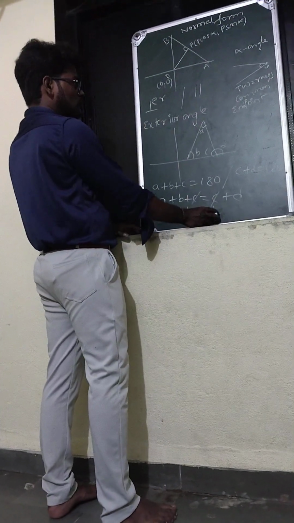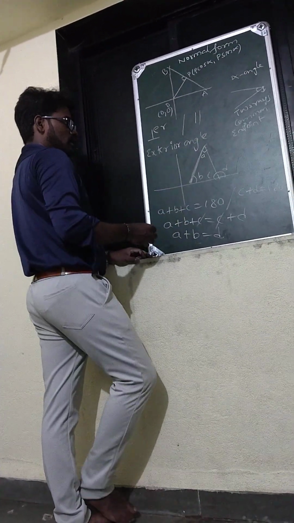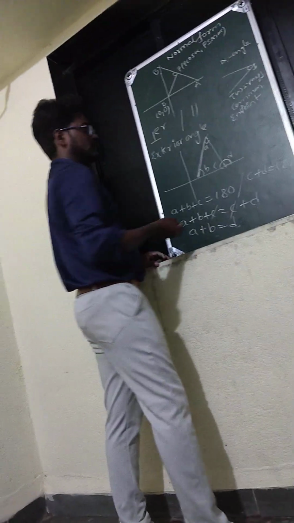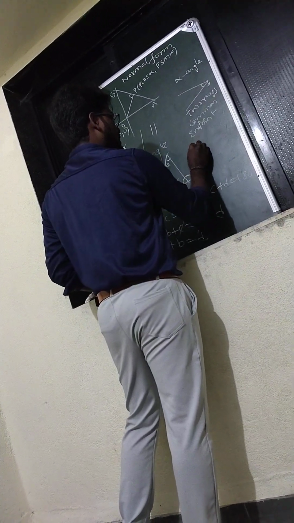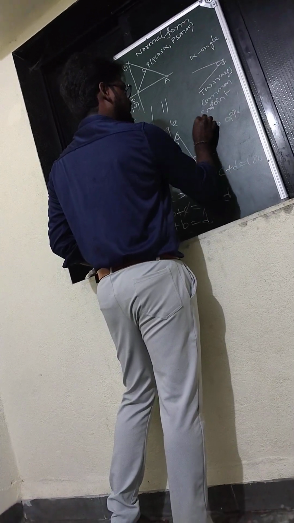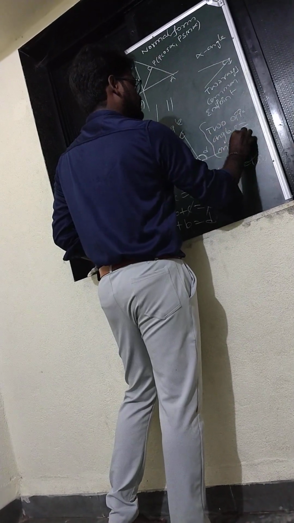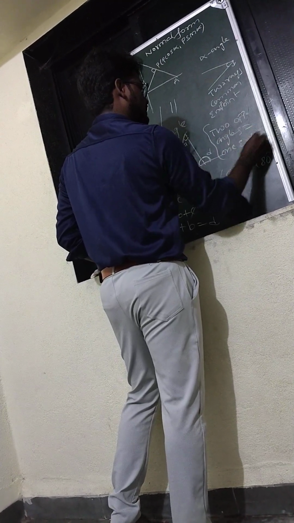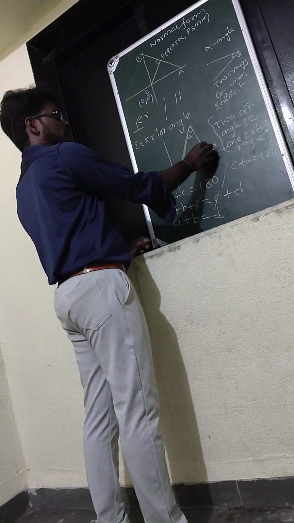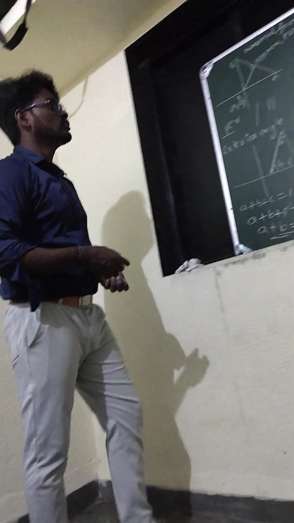Then A plus B equals D. Two opposite angles are equal to one exterior angle. A plus B equals D.